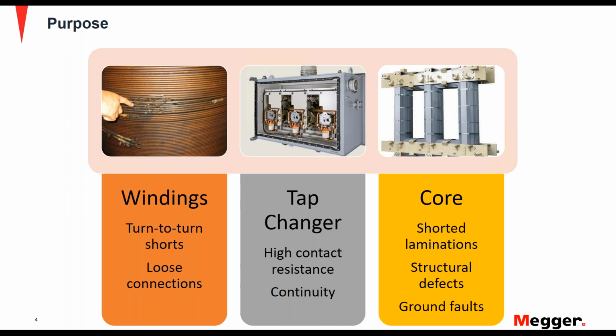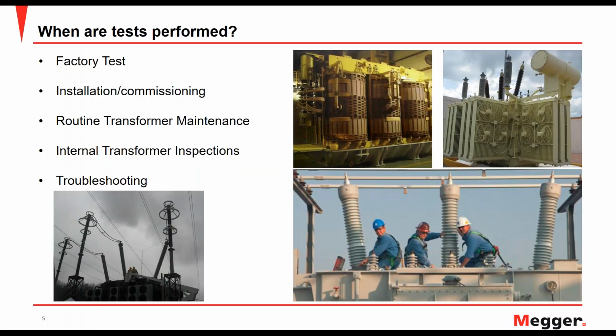And then finally, with the excitation current, we are going to understand the workings of the core to see if there are any flaws such as shorted laminations, ground faults, or any structural defects. To get an understanding of when these tests are performed, we can look at different types of factory tests during manufacture. When that transformer is manufactured, it's tested and then sent to the location where it has to be put in service.